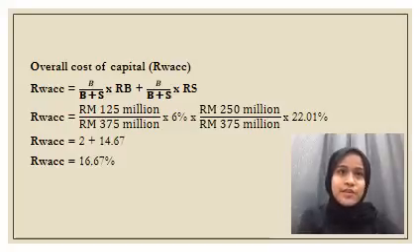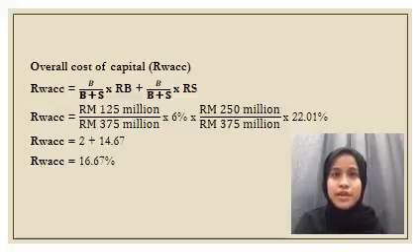Okay, next we need to find the overall cost of capital, RWACC, the new one. We use B divided by B plus S multiplied by RB, plus S divided by B plus S multiplied by RS.